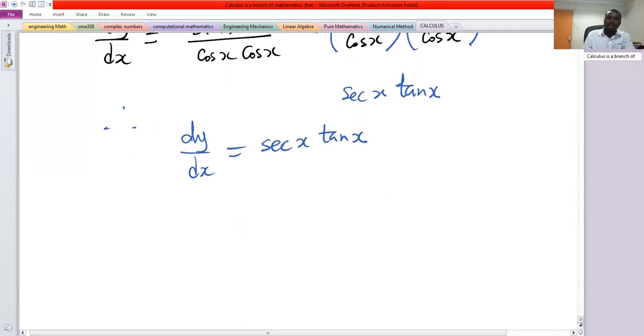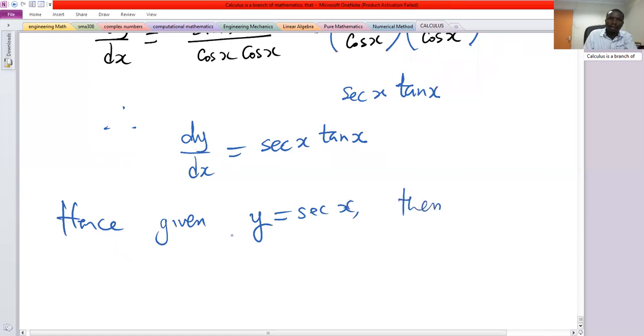So hence, given y is sec x, then dy dx must be sec x times tan x.